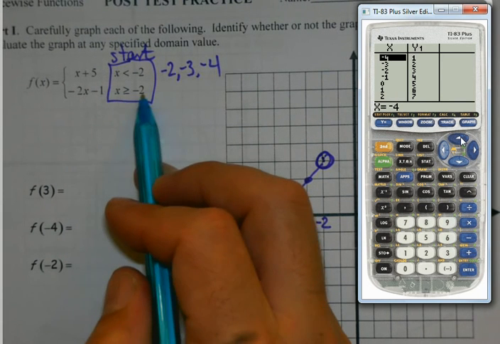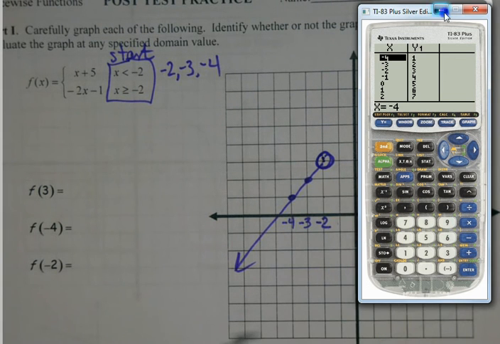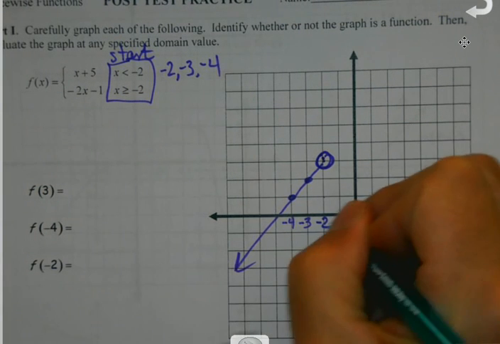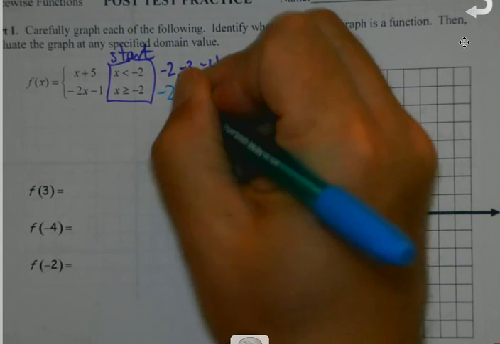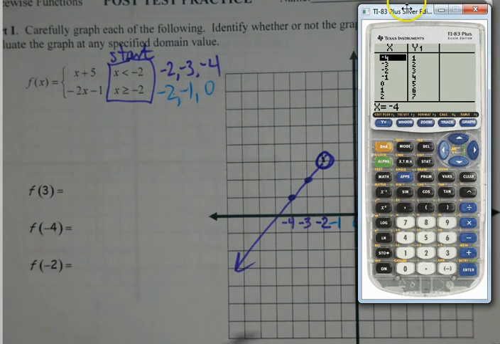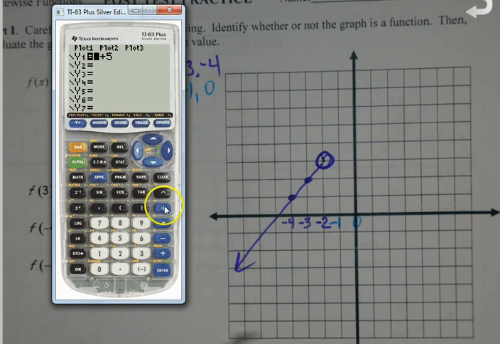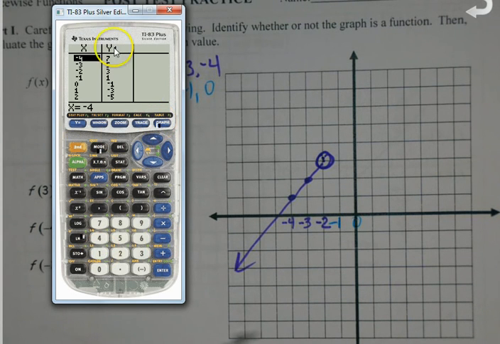Again, greater than or equal to -2. Now I'm going to be moving to the right towards -1 and 0. But I still start at -2. Don't change stuff. -2x minus 1. Chart.